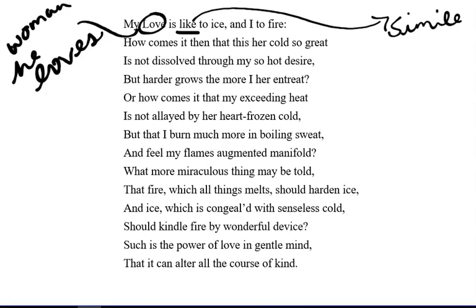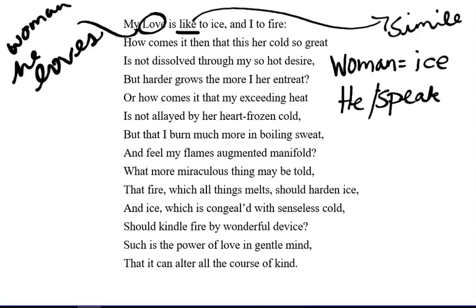So the woman that he loves is ice, and he, the speaker, is fire. So if we were to paraphrase this, he's saying the woman I love is like ice and I'm like fire.